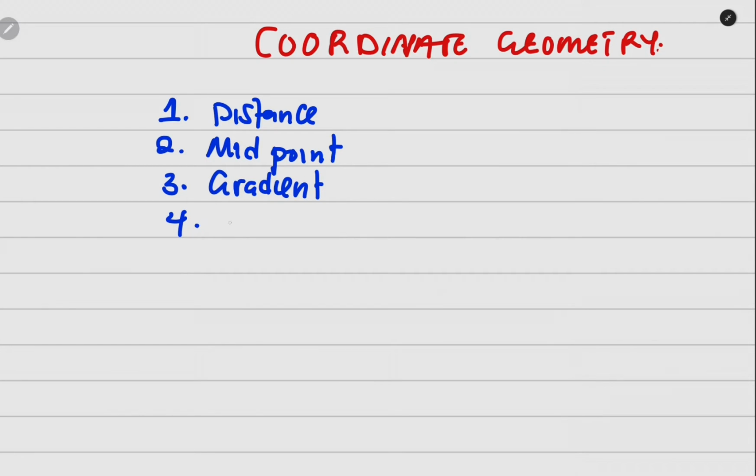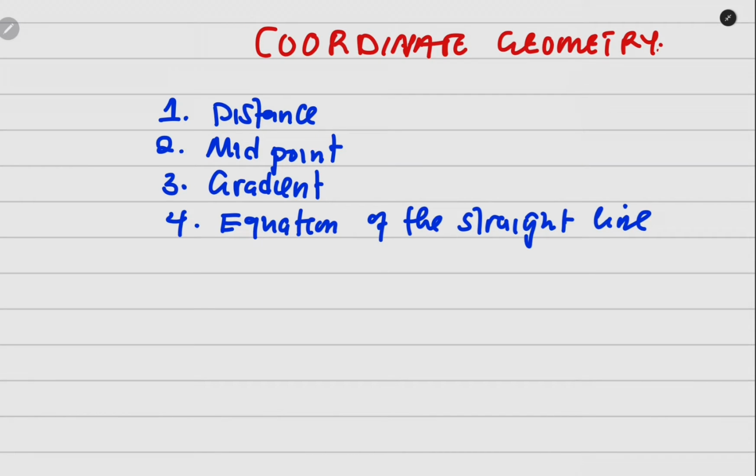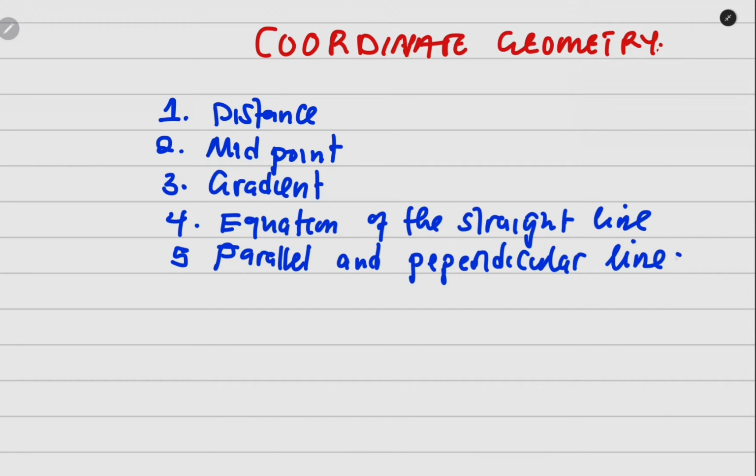Then part number 4, we are going to look at the equation of a straight line. That is what we are going to look at. The fifth part, we are going to look at parallel and perpendicular lines.